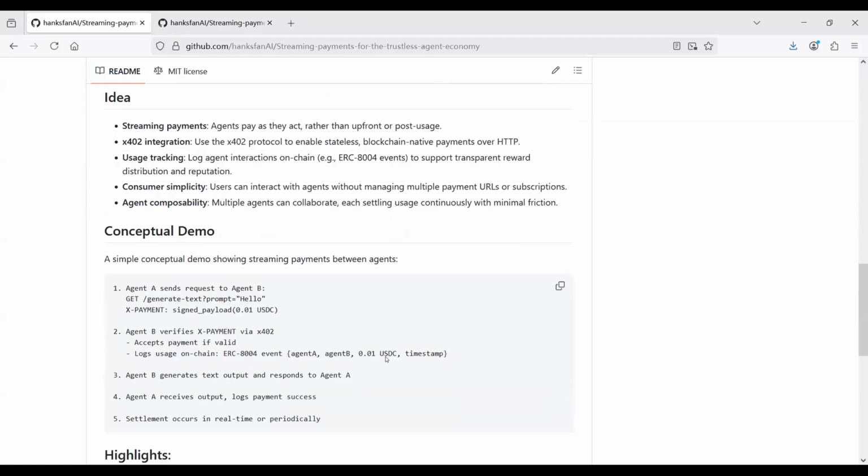And here is a very simple conceptual demo and the idea. The key point is that these payments occur in real time and not just as one-time payments.